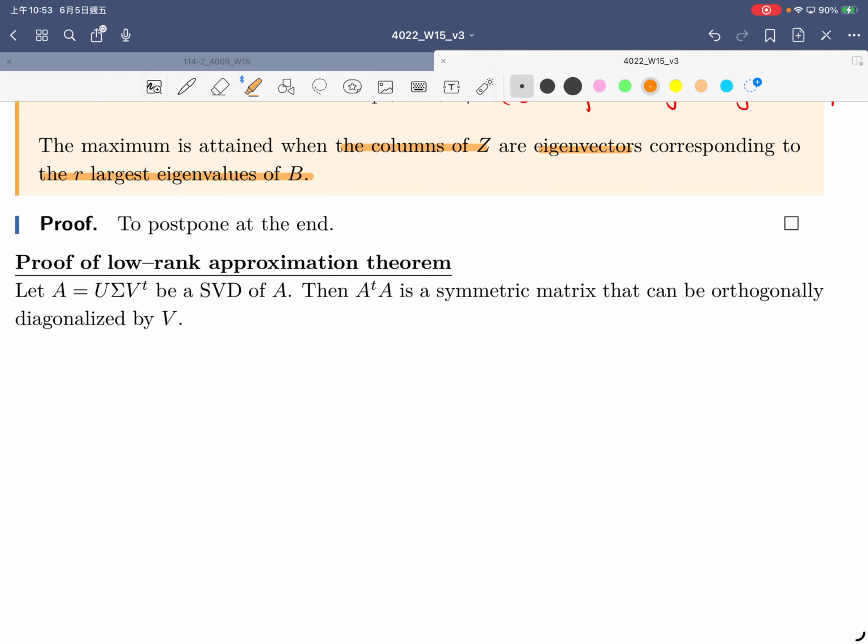The way to do it is first you start with an SVD of the given matrix A. Then we know that A transpose A is a symmetric matrix, and every symmetric matrix can be orthogonally diagonalized, and because the SVD is U sigma V transpose, A transpose A can be orthogonally diagonalized by V. And of course, you know from the midterm that this matrix A transpose A is positive semi-definite.